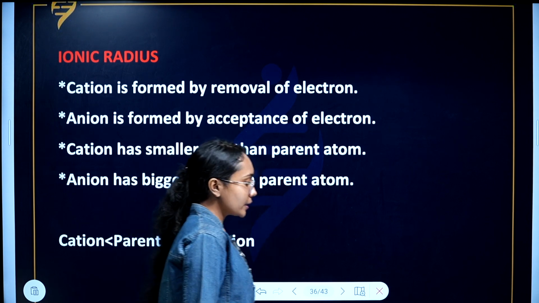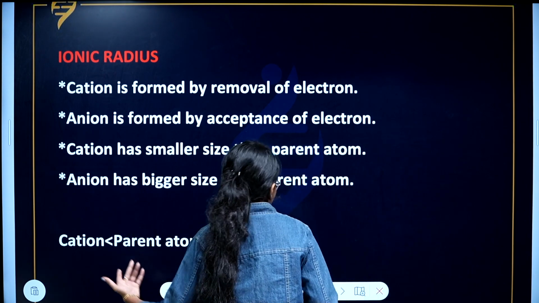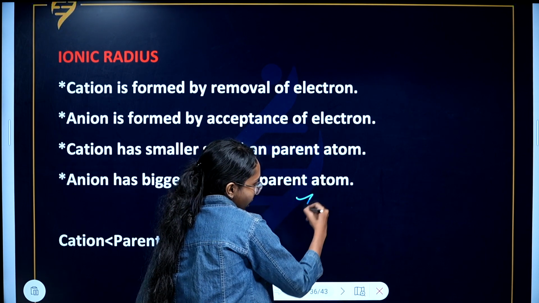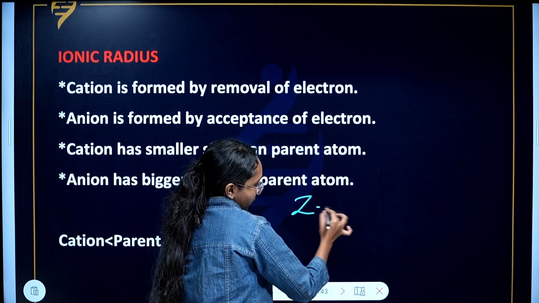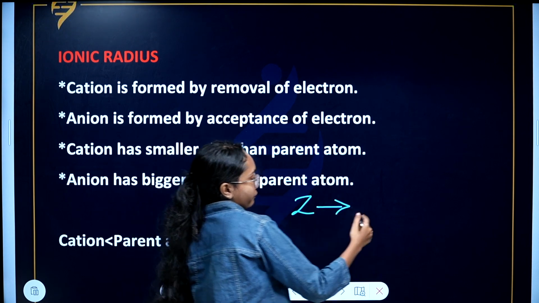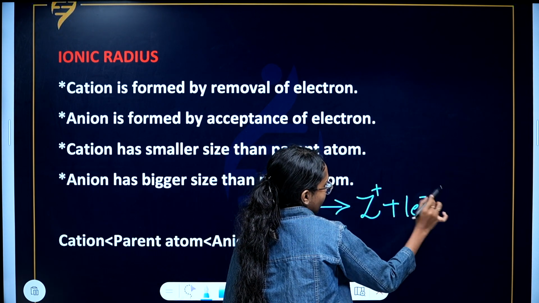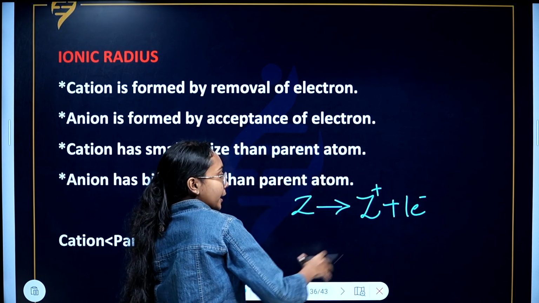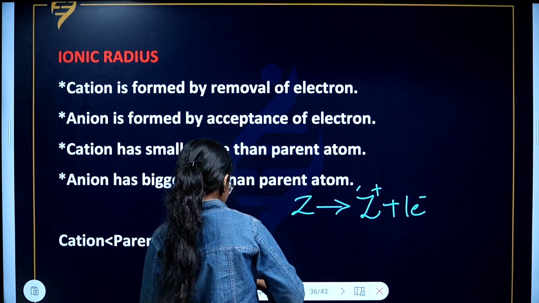Now, ionic radius. You know what an ion is, right? We have cation and anion. A parent atom, Z. When it removes or donates an electron, it becomes Z plus.